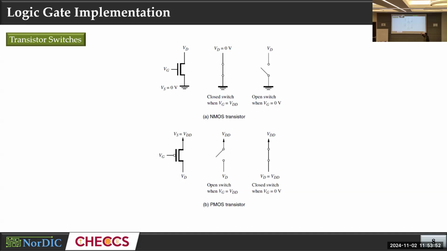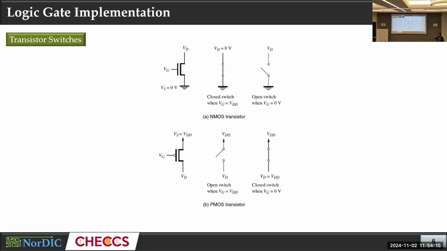If the circuit deals with 1.2 and 0, then VDD will be 1.2. If the circuit is dealing with 5 volt and 0, you can write VDD equal to 5 volt. But I'm telling you logical 1, because logical 1 does not mean that the voltage is 1 volt.